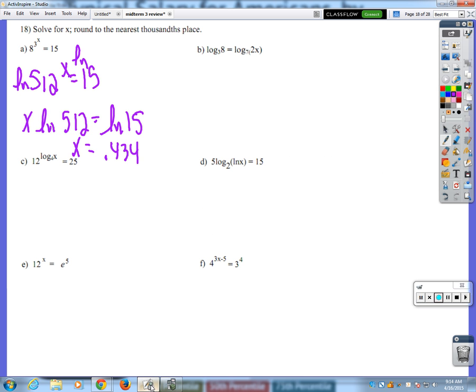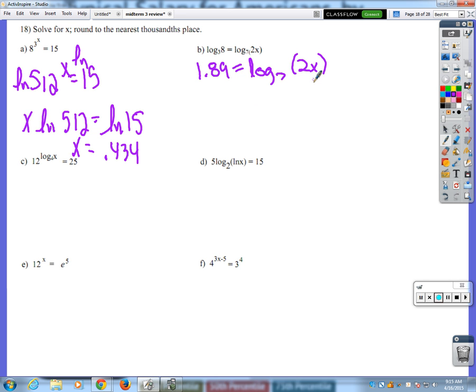Okay, so let's write that down. So this is really just 1.89 equals log base 7 of 2x. What's the definition of log? What's the meaning? The definition of a log is: if this number to this power equals this number.